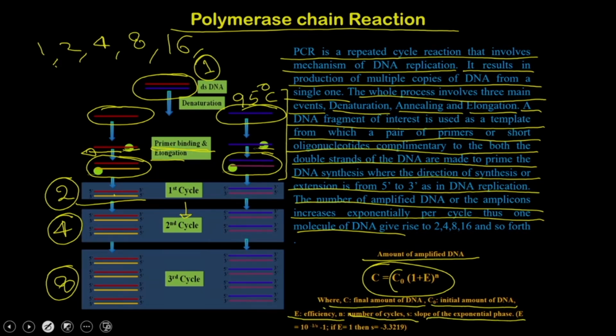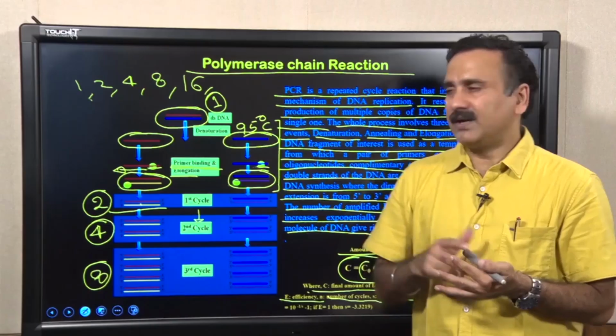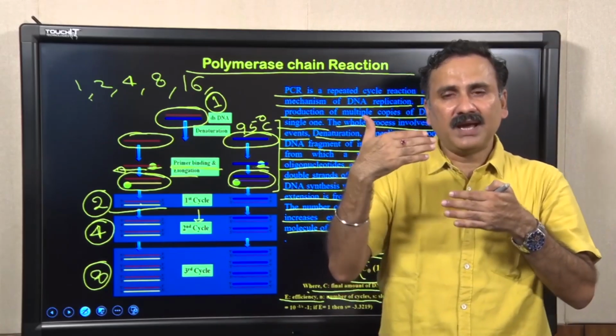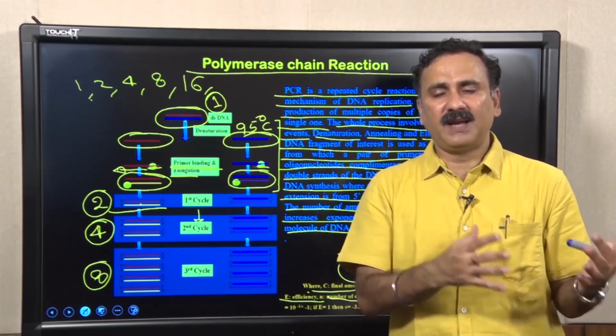S is the slope of the expansion phase, and you can calculate that from these equations.